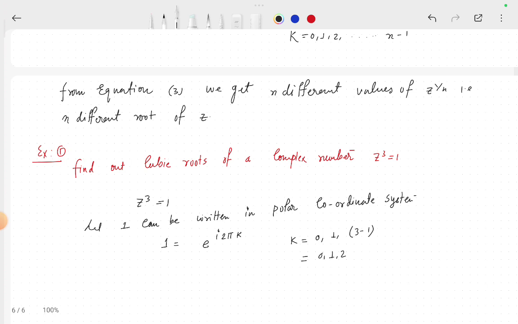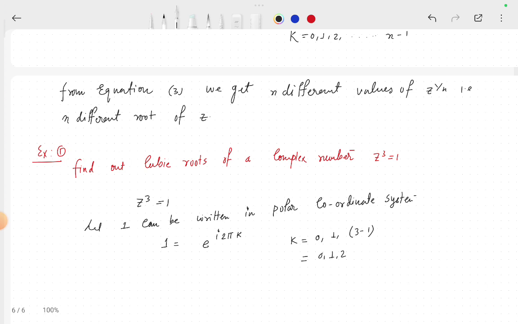Understood? If you write just e to the power i 2π, it gives you plus 1. Don't worry about that. But z cubed equals 1 gives you 3 roots of the complex number. That's why we introduce k, and k has values 0 to n minus 1, where n is the number of roots of this complex number.